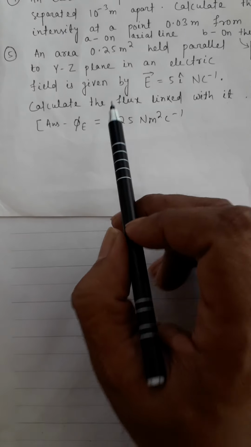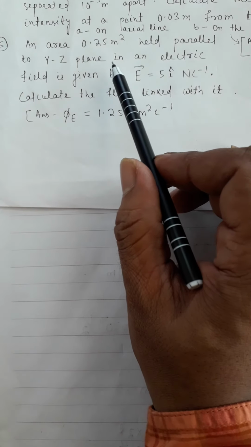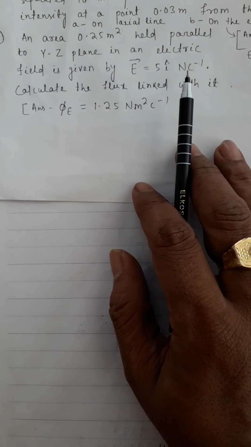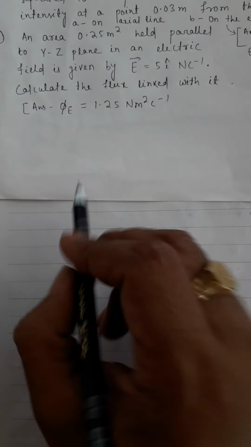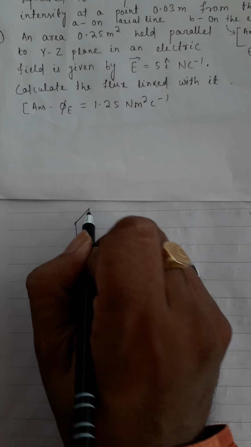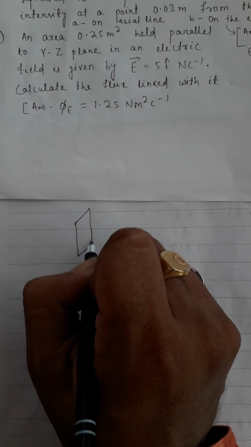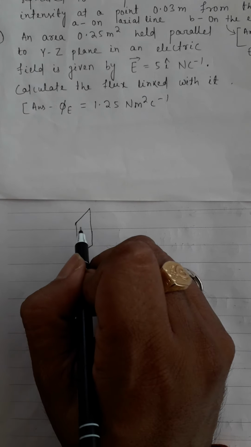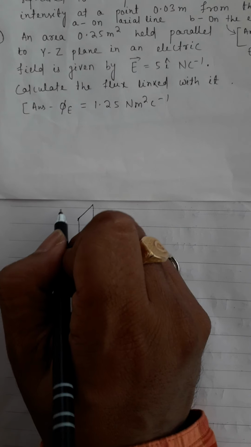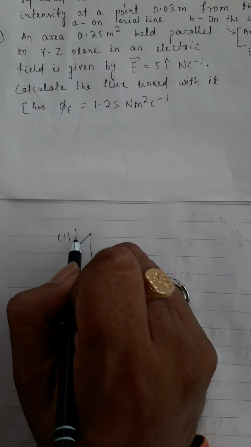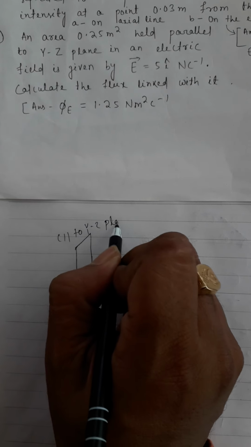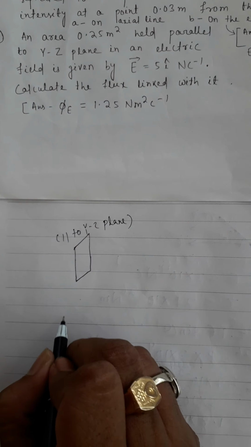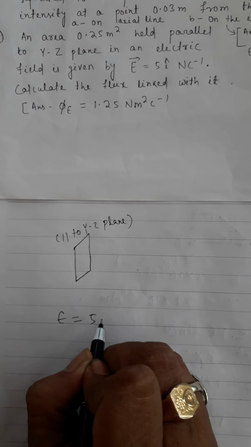The fifth question is, the area 0.25 meter square held parallel to the YZ plane in an electric field is given by this. So the area is parallel to the YZ plane. Suppose this is x axis, this is y axis, and this is z axis, and this area is parallel to the YZ plane, and the electric field is given by E is equal to 5 i cap.